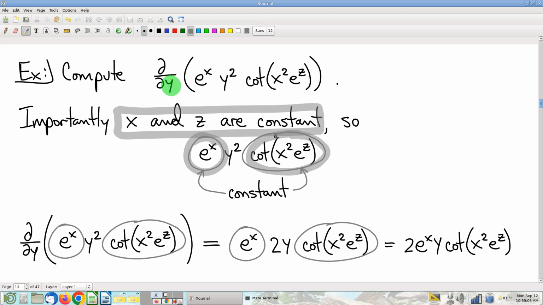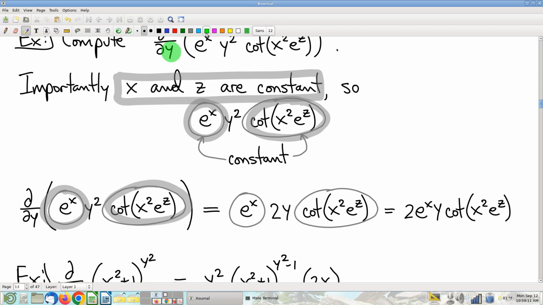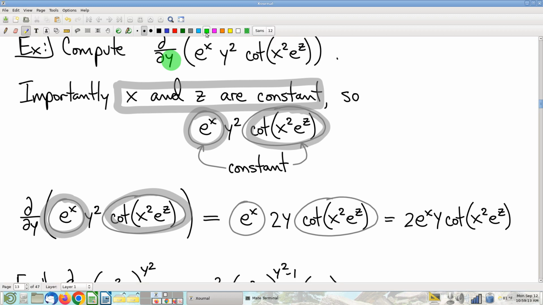Okay. So we've got these constants, and constants are great in derivatives. You just kind of leave them there, right? And so the actual calculus that's going to happen here is I'm pretty much just going to take a y derivative of y squared, and that's 2y. So the actual taking of a derivative here was very easy, as it turns out. Now, don't forget your constants.